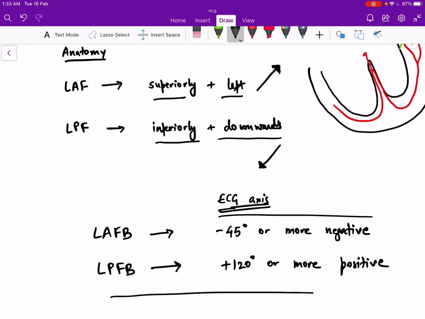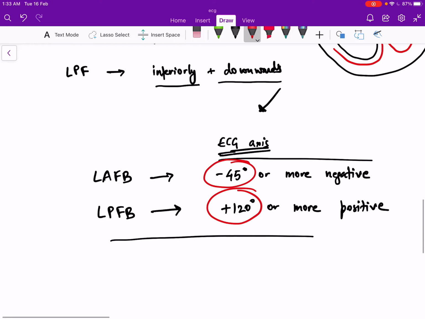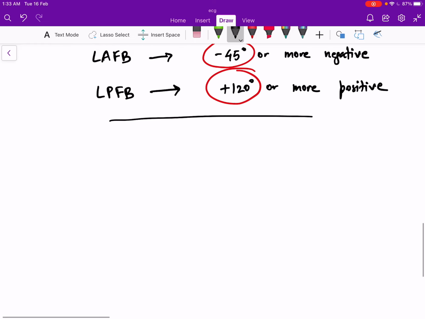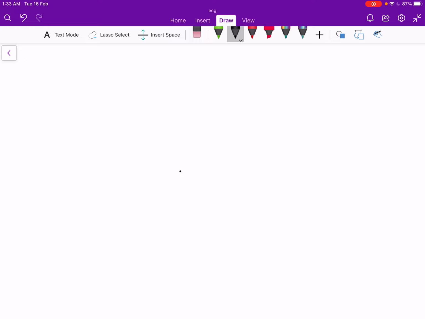But the problem that arises here is how to calculate these figures. For that, again we'll go back to the knowledge of the axial orientation.